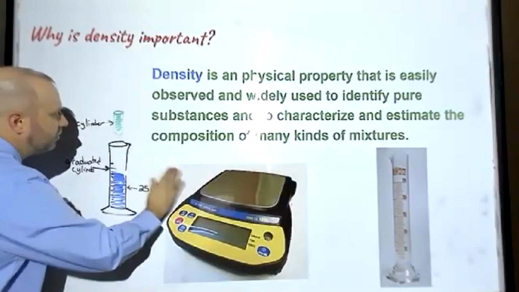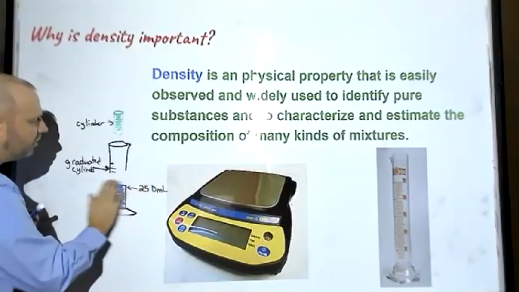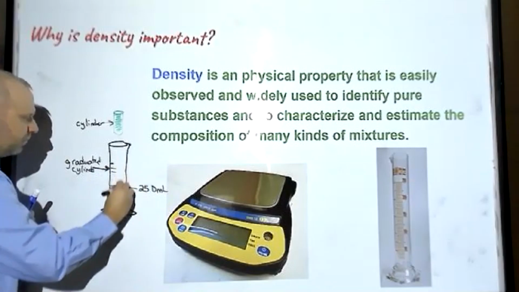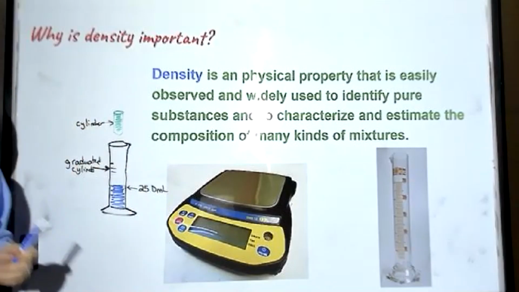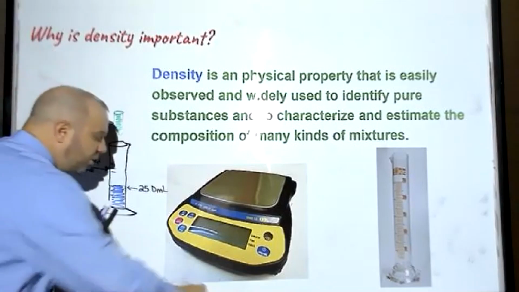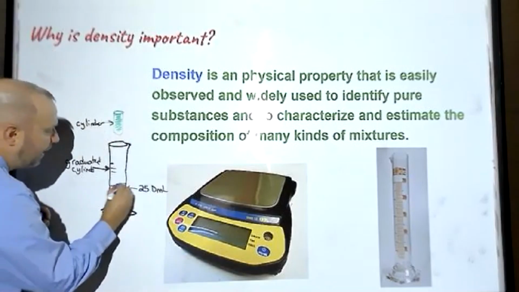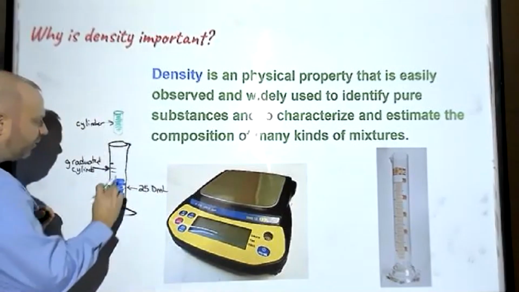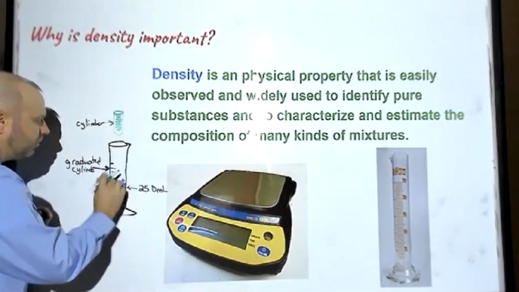Let's say that our water level is back down here at 25. So if we put in a cylinder that floats, that means once it goes in, the water level is going to go up by a little bit. And we're going to wind up with a scenario like this.